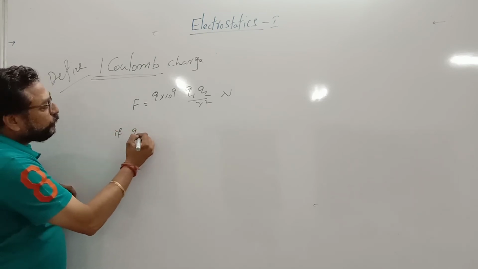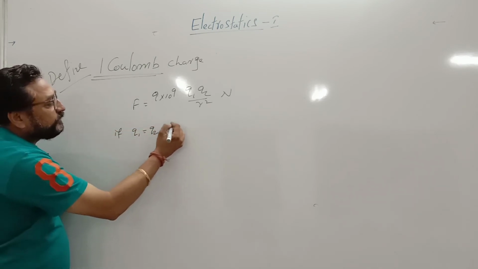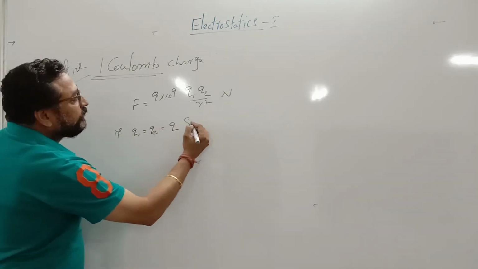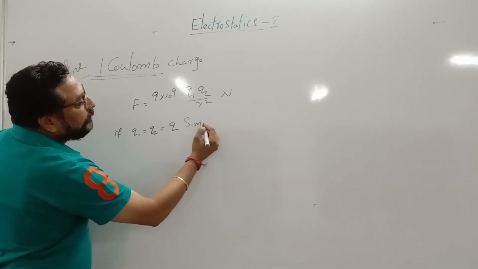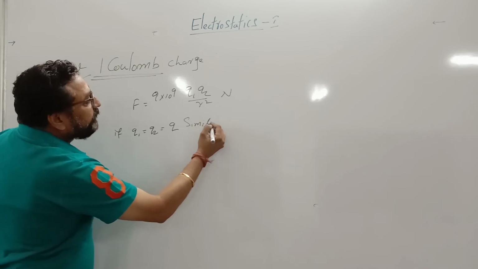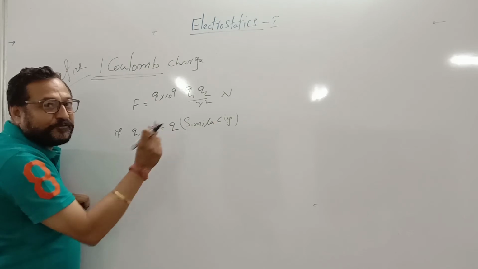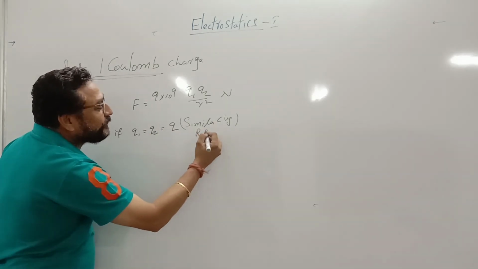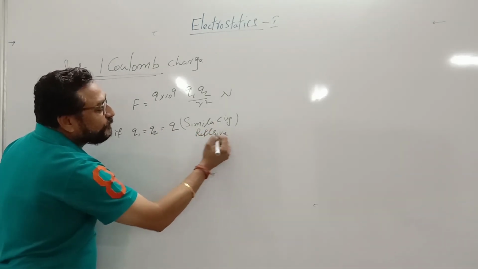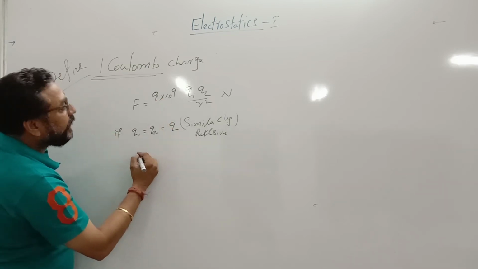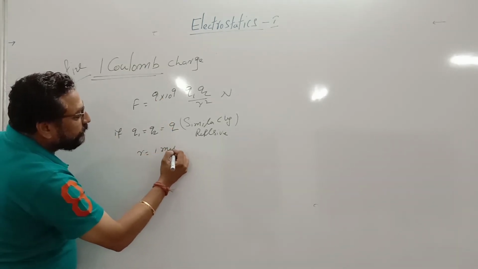If Q1 is equal to Q2 is equal to Q, and we take similar charges, that is why we are using similar, meaning a force of repulsion, a repulsive force because both are similar charges, and R is equal to 1 meter.